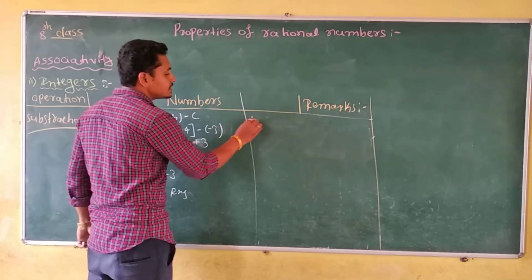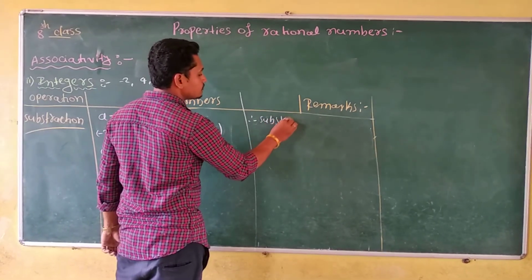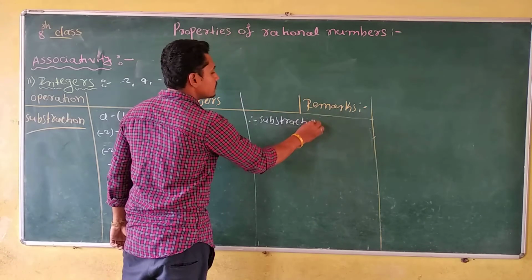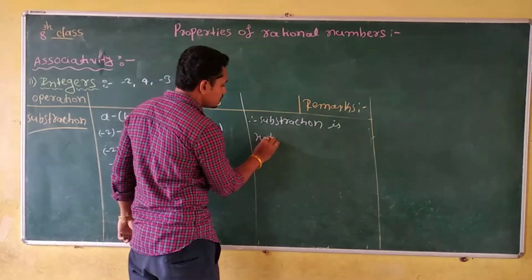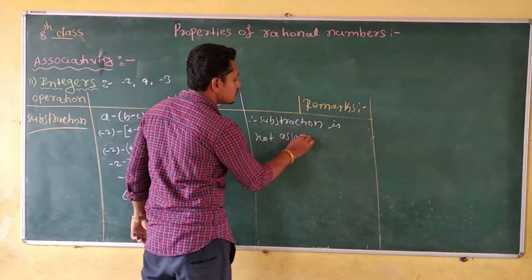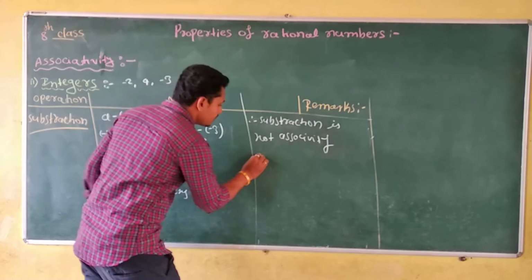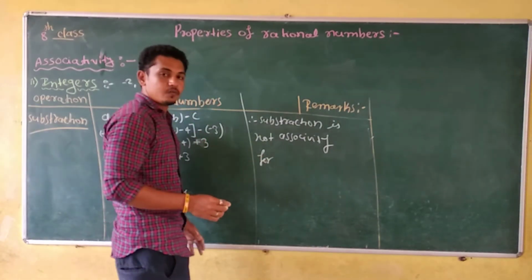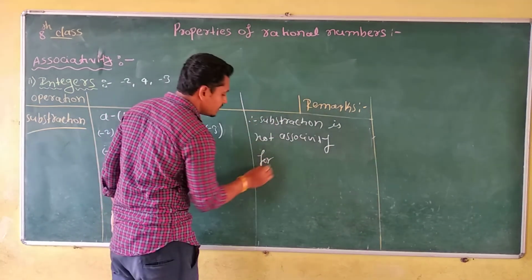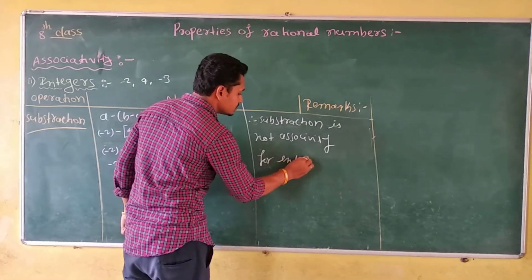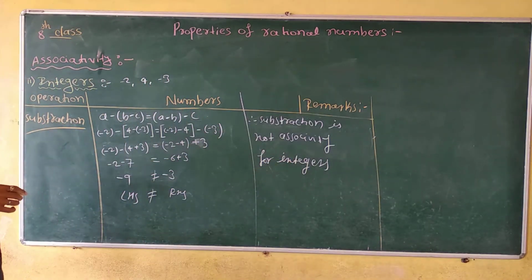So our remark is that subtraction is not associative for integers. Subtraction is not associative for integers.